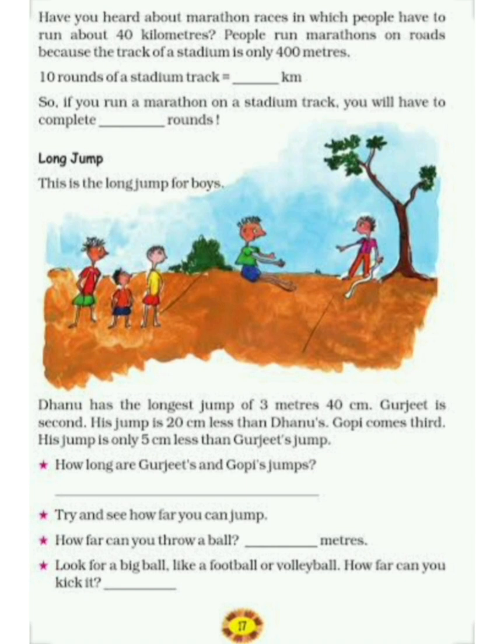Okay. Then here we have a question. 10 rounds of a stadium track equal how many kilometers? Students, 1 round of a stadium track equals 400 meters. Yes. Then how many kilometers do 10 rounds of a stadium track equal?